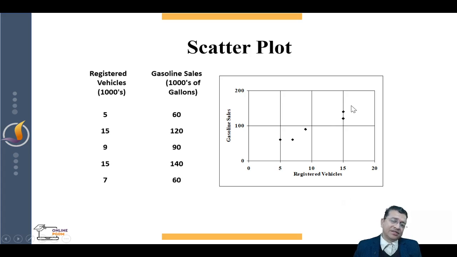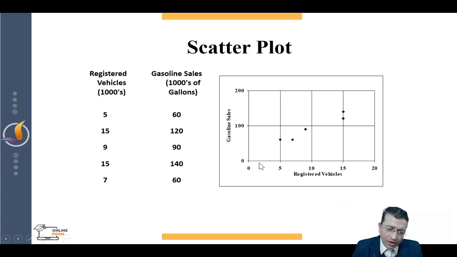If most of the points are very near to each other, that means there is strong association or strong correlation between these two variables. If these points are scattered far from each other, that means there is weak association, weak correlation.